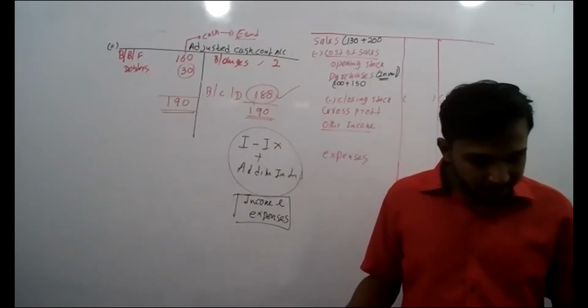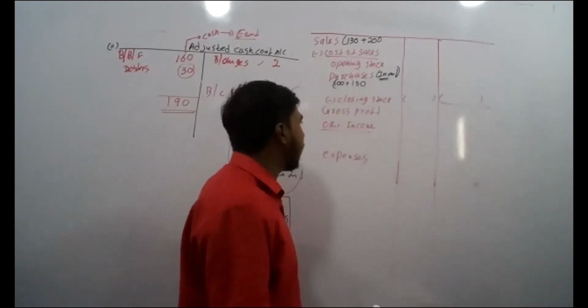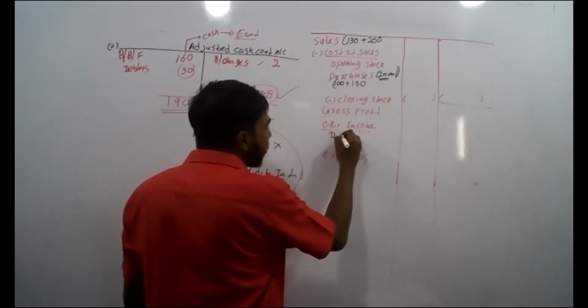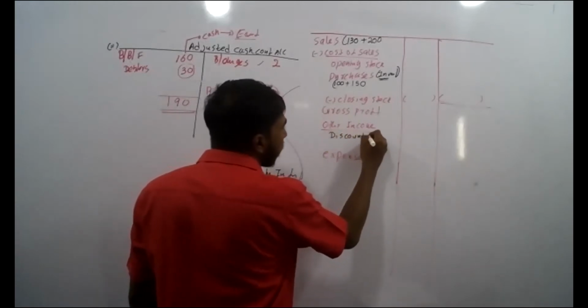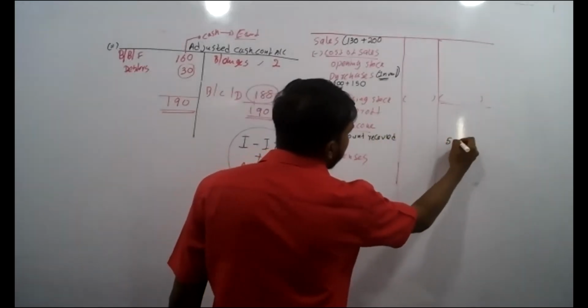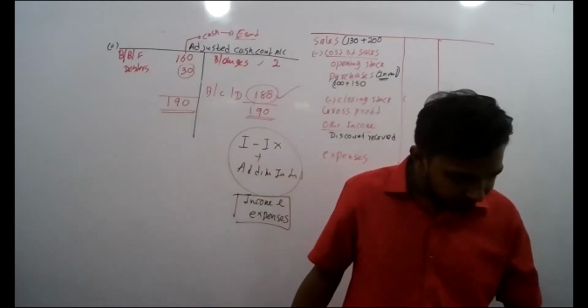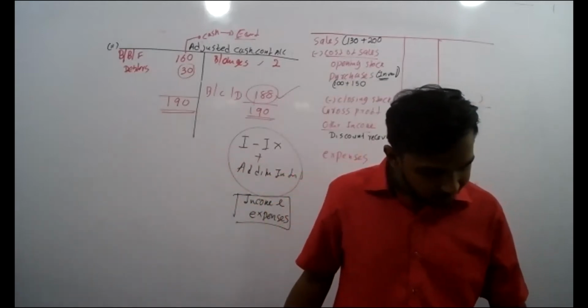Then issued cheques to settle part of the amount due to creditors and received a discount of 5,000. Discount received is 5,000.